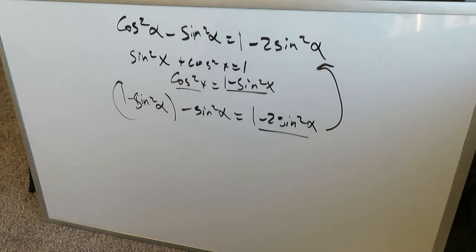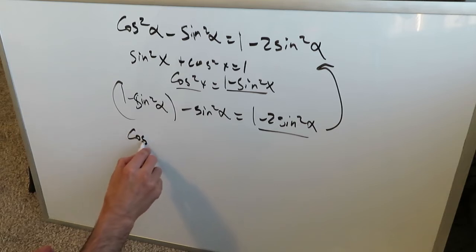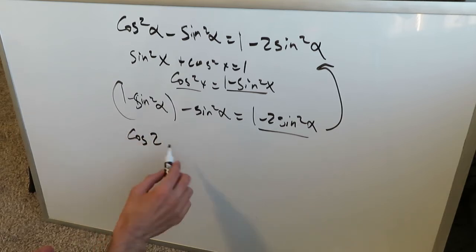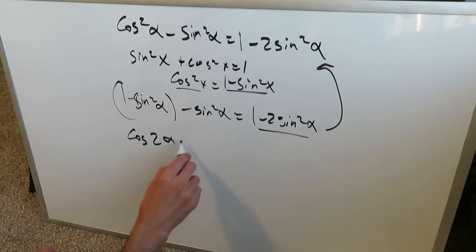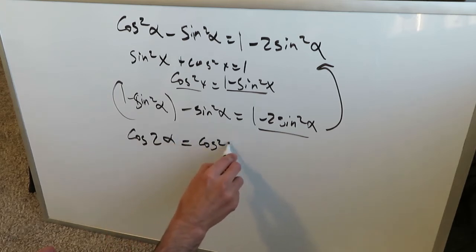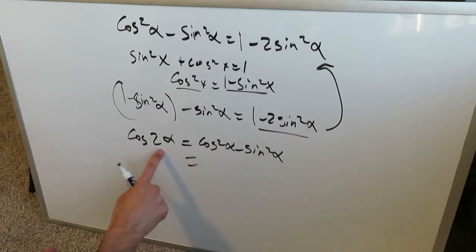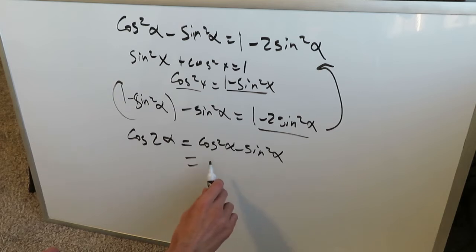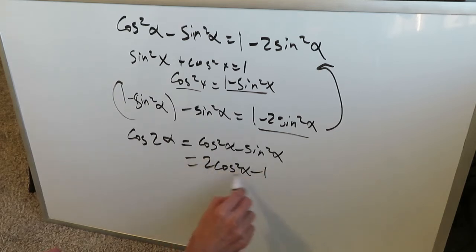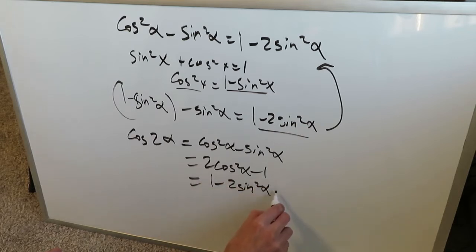The other way you could have done this is by understanding this other identity: cosine 2 alpha is equal to one of three things. It can be equal to cosine square alpha minus sine square alpha. It can also be equal to, remember this identity, think back to the trigonometric videos I presented, 2 cosine square alpha minus 1, or it can be 1 minus 2 sine square alpha.